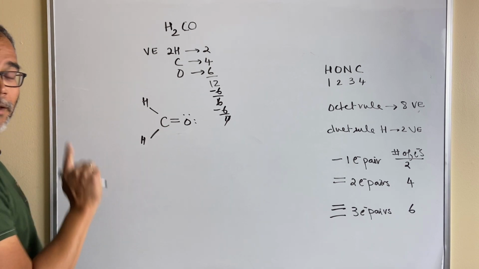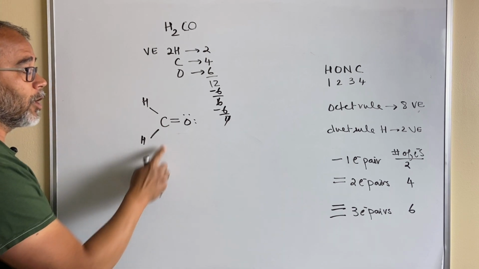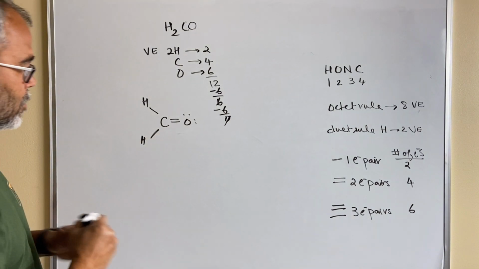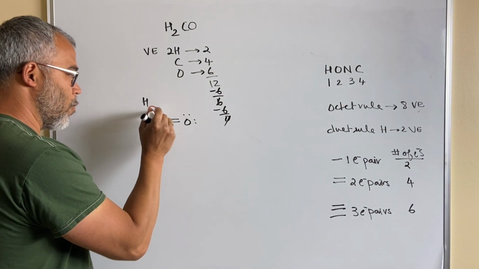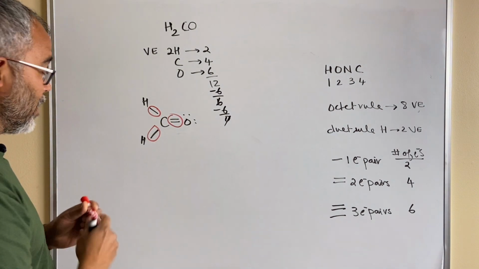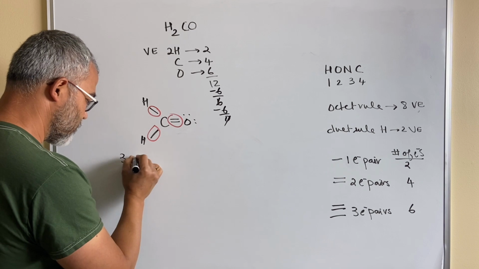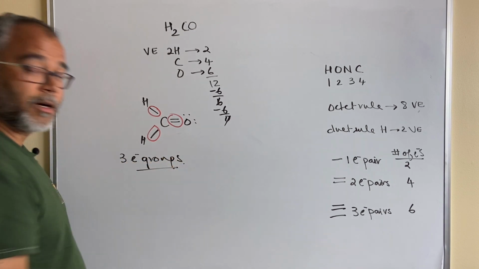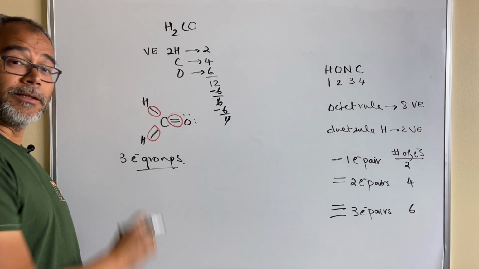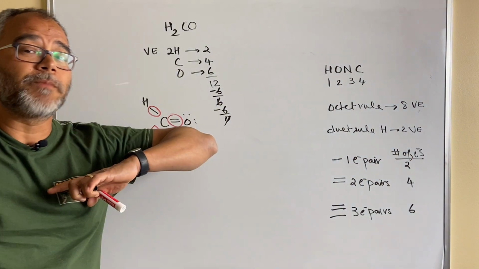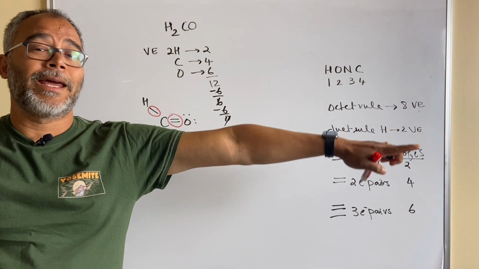Once we have that, to predict the shape of this molecule, you have to look at the central atom and the electron groups around it. The central atom is carbon. We have 1, 2, 3 electron groups. When you have 3 electron groups around the central atom, they distribute themselves equally in space in one plane.